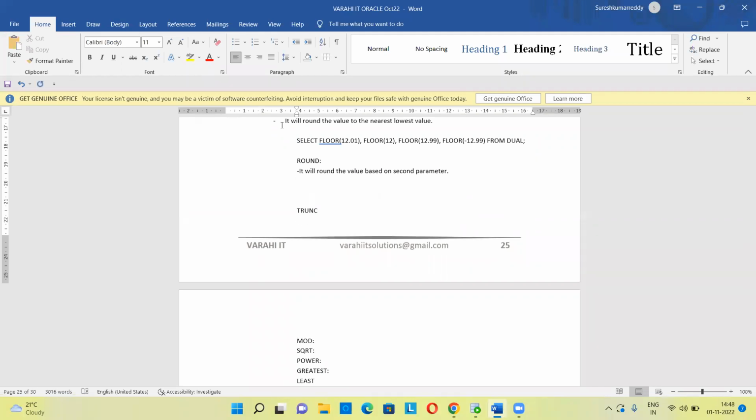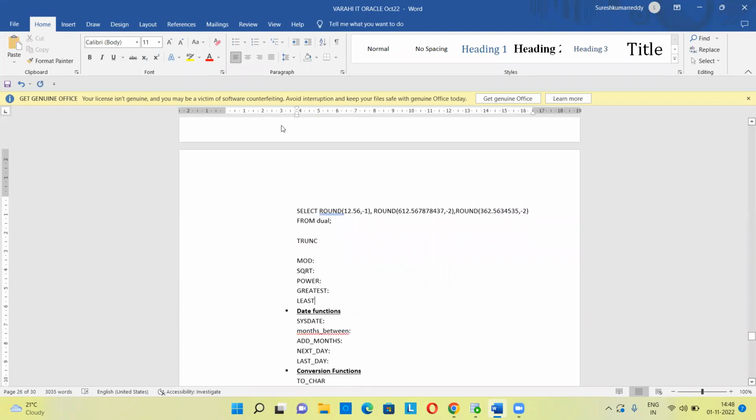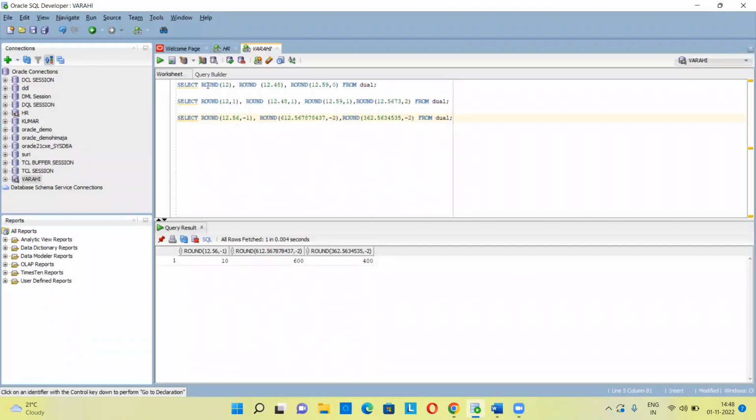Trunc is just a little opposite to round. I'm just replacing the same input values with trunc. One second.